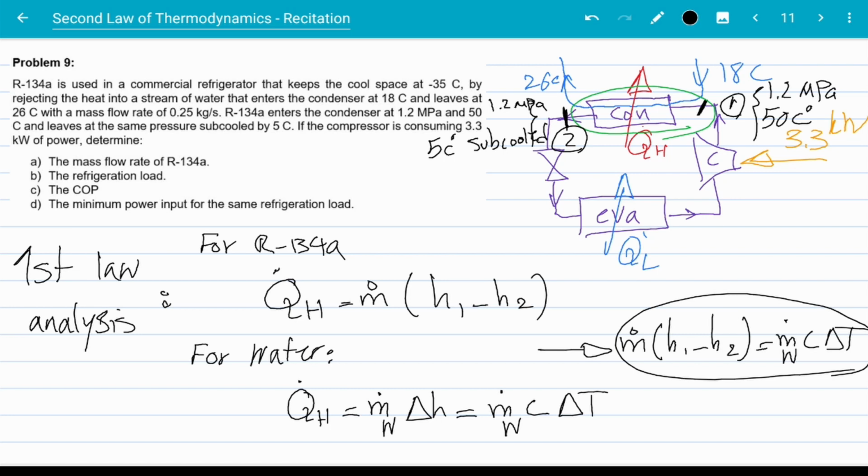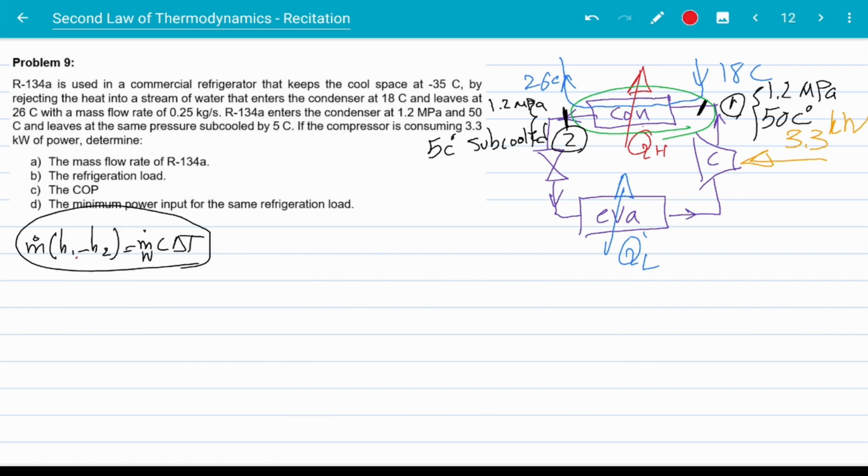Now I'm going to play with this equation. Okay, so let's start by finding the enthalpy of our refrigerant at states 1 and 2. So at state 1, it says the pressure is 1.2 megapascals and the temperature is 50 degrees Celsius. You can check the tables for the refrigerant R134A. I've put a link to a PDF format of the tables down in the description below.